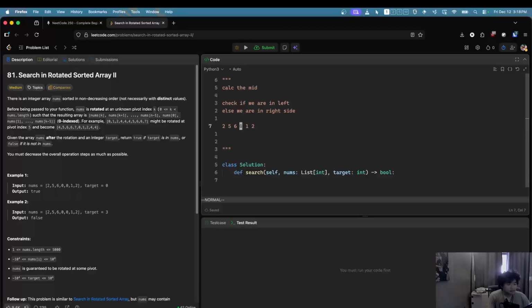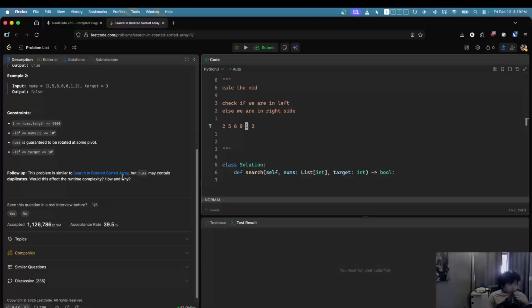So maybe I can find the next value that isn't the duplicate, as long as I keep finding the next non-same number. This would be the other problem here, search in a sorted array.